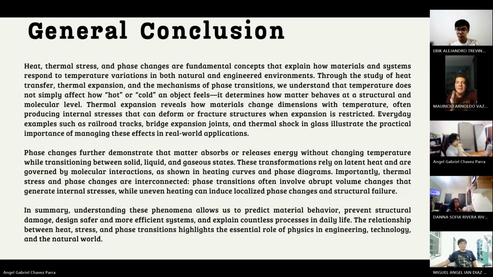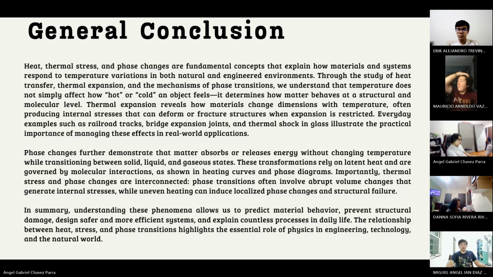Everyday examples such as roads, railways, bridges, expansion joints, and the glass industry show the practical importance of managing these effects in real-world applications.